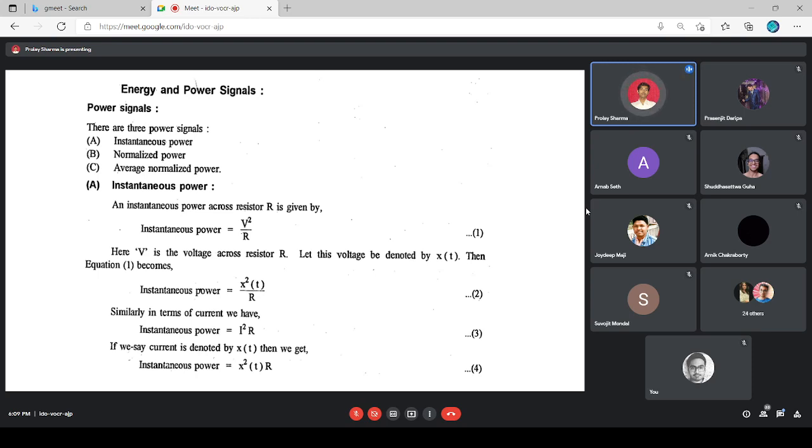First, before doing the discussion, let's see how we can calculate energy and power of a given signal.